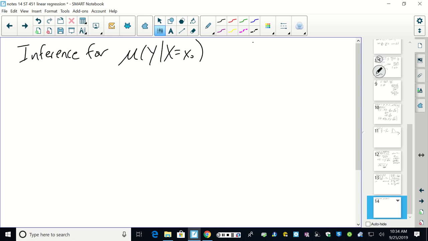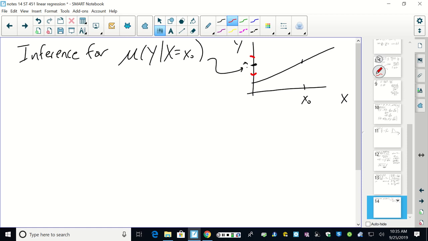Right? So we imagine that there's a slope over here, and x of 0, we're interested in that for some reason. Okay? And so we're interested in, what is that value? What is that average response on the y? Well, we might want to put in an estimate and put an interval about that to get some idea of where the average is going.